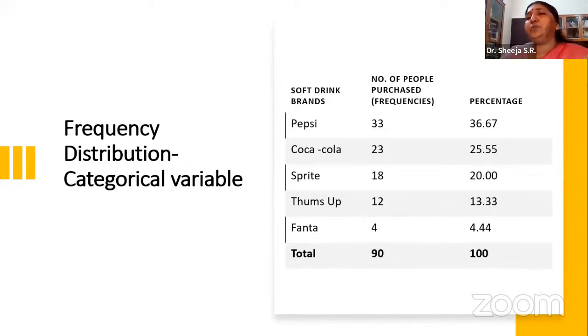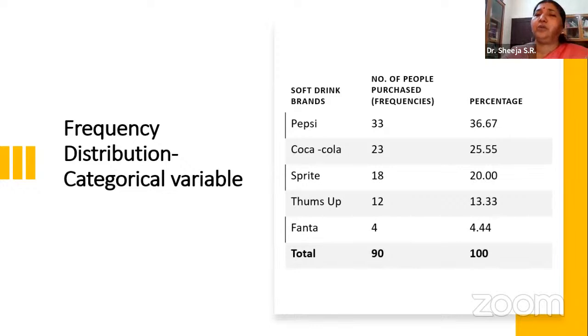36.67% of people prefer Pepsi. So you can easily conclude that among these 90 people, the largest number of people prefer Pepsi. Pepsi stands first.